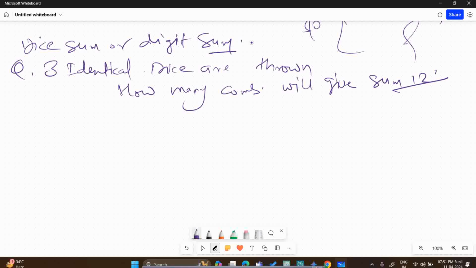So this is a generating function problem. Sum should be less than or equal to 6 for this type of solution.